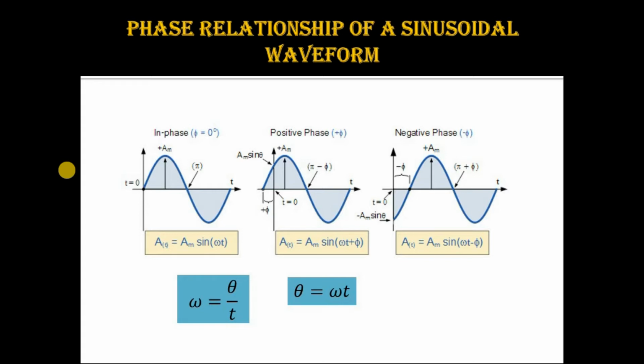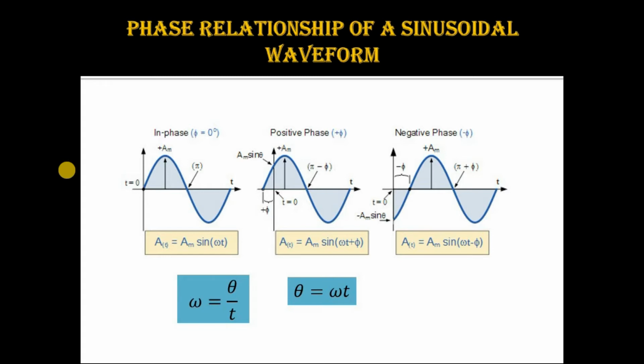So the defining equation for such a wave is AM sine theta plus 5, because it is phase advanced, started earlier, or AM sine omega t plus 5. Instead of theta, we can use omega t. AM sine omega t plus 5. Look at the third sine wave.